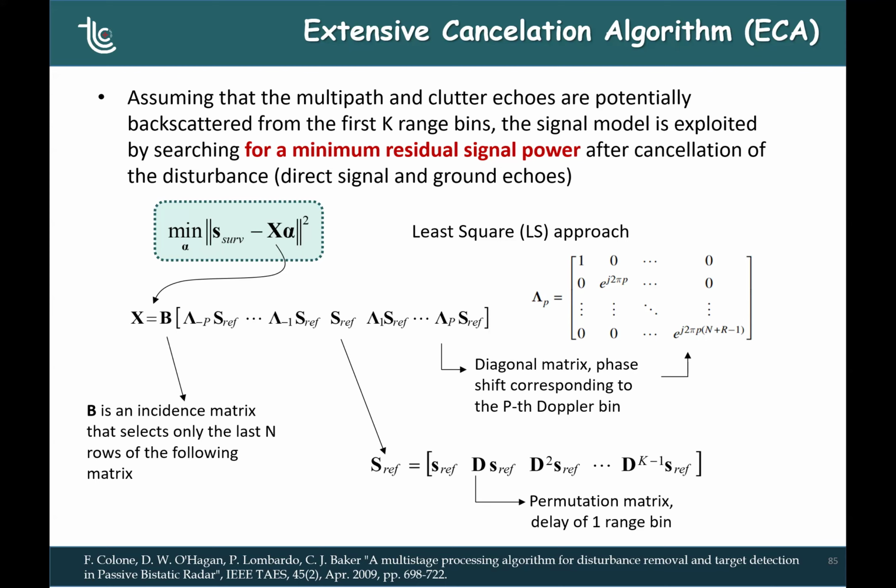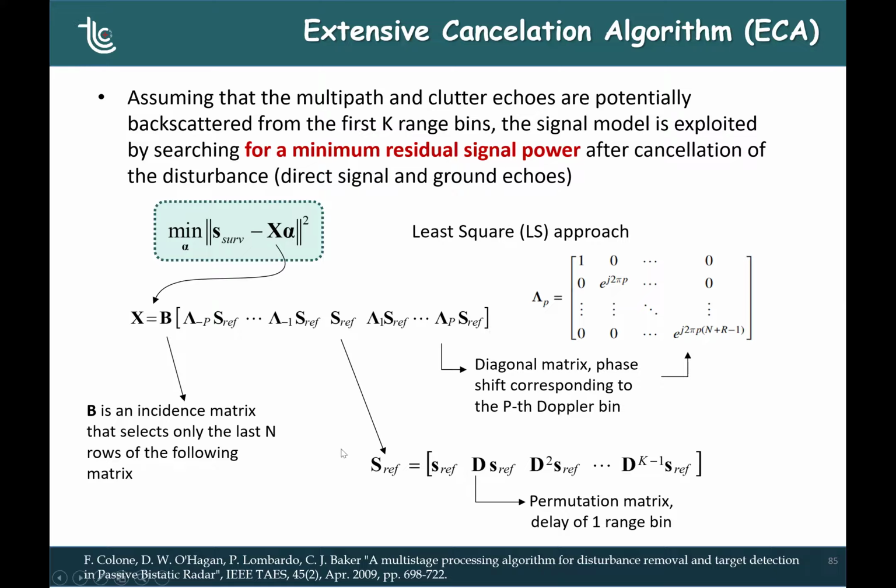Practically, we subtract from the vector S surv, the surveillance signal, all the copies of the reference signal delayed and multiplied by some Doppler frequency.